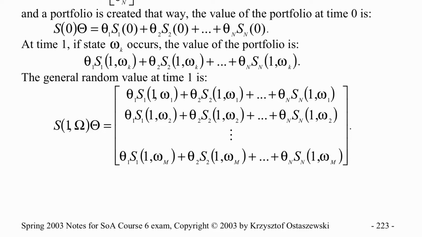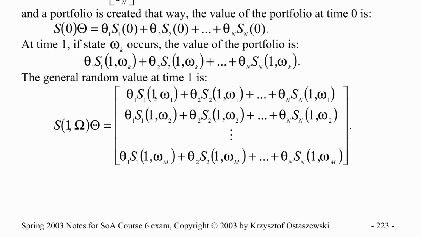At time 1, if state omega k occurs, the value of the portfolio is theta 1 S1 of 1 omega k plus theta 2 S2 of 1 omega k plus and so on up to theta n Sn of 1 omega k.